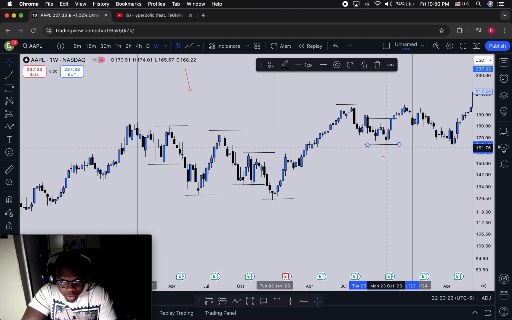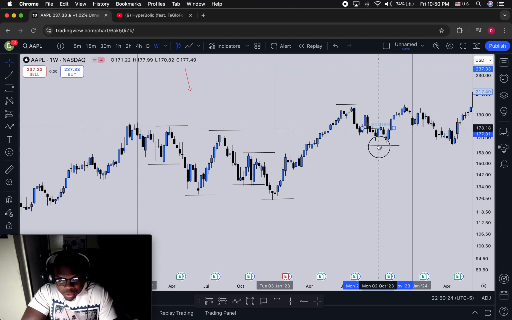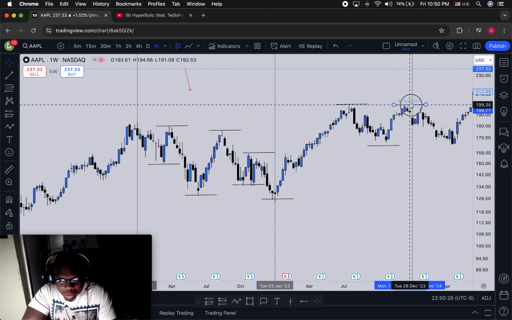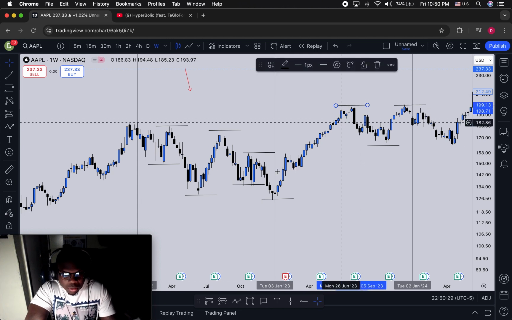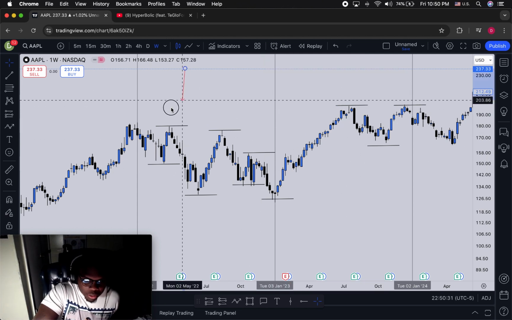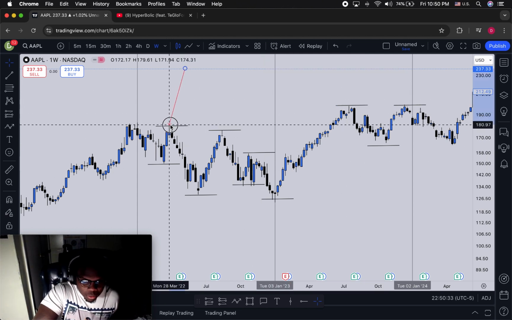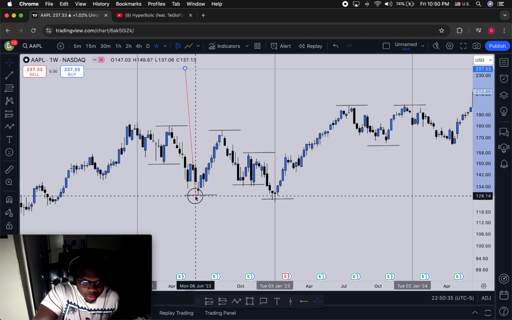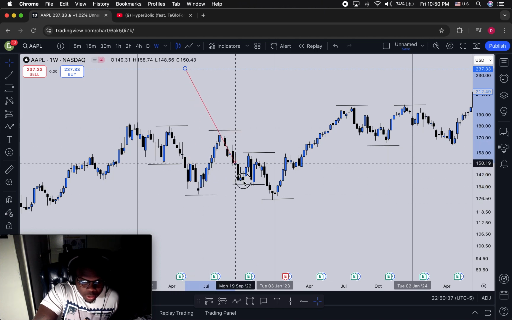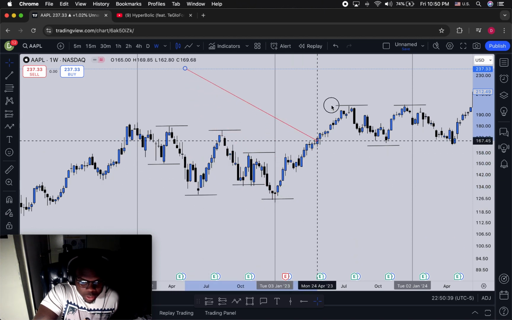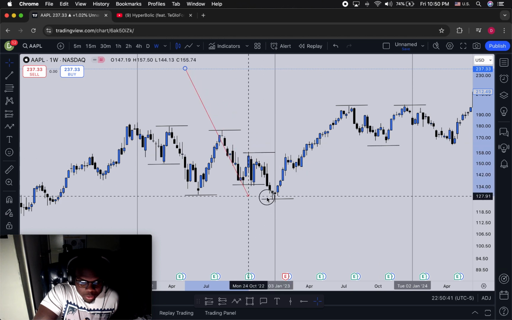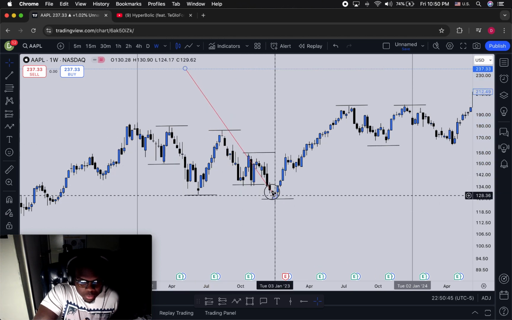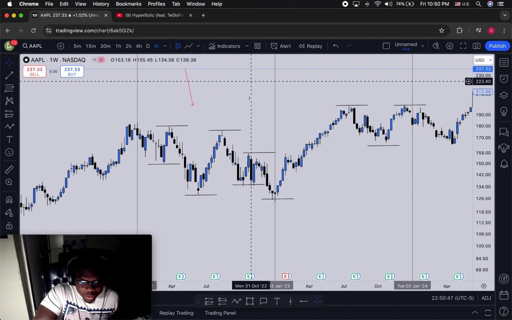We're just going off direction. Lower high, lower low, lower high, lower low. We're just going to stick to this. So this is a downtrend.